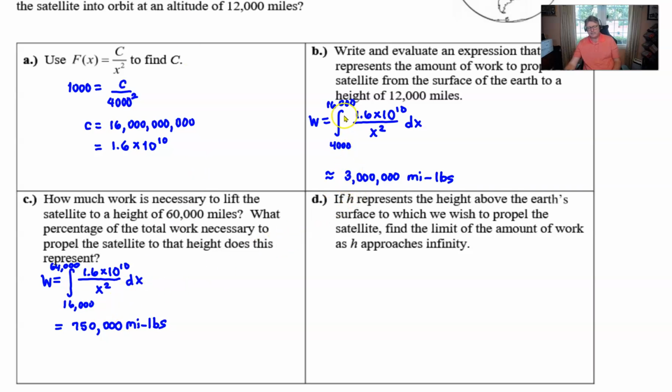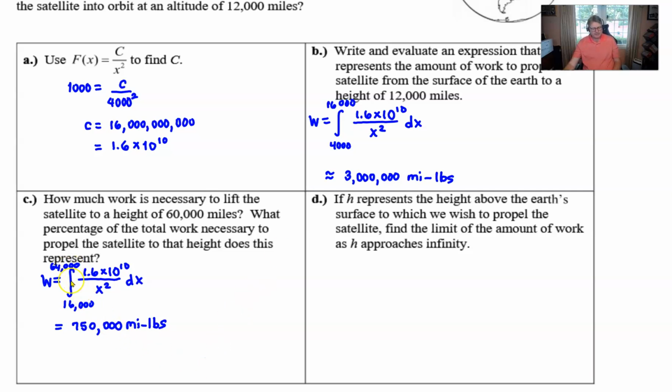In order to get this satellite off the surface of the Earth to this seemingly shorter distance above the Earth's surface, 16,000 miles isn't short by any means, but we got 3 million mile-pounds of work to invoke into this launch and this propelling of the satellite.